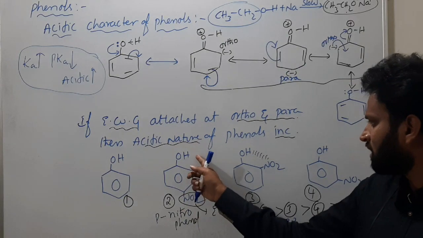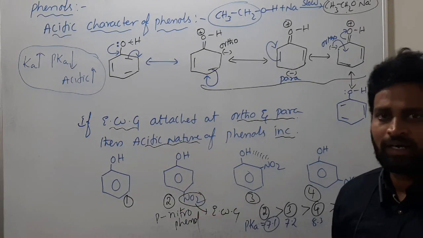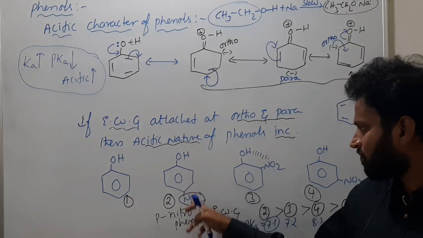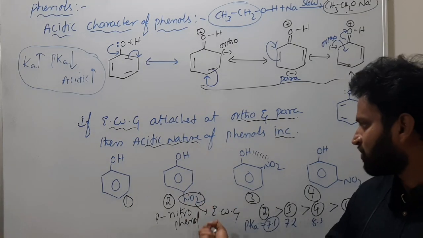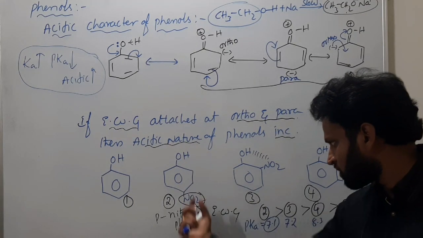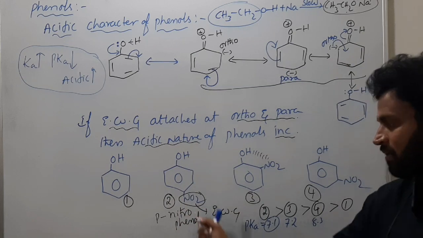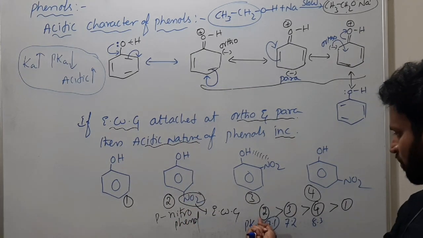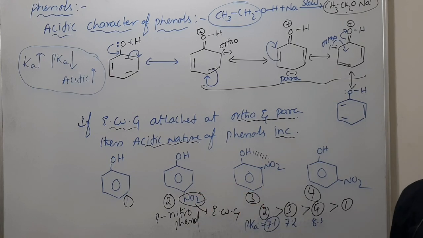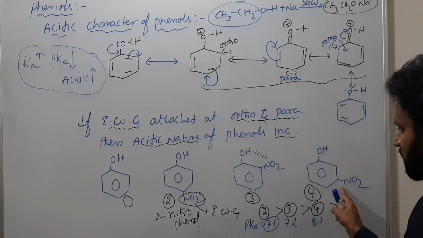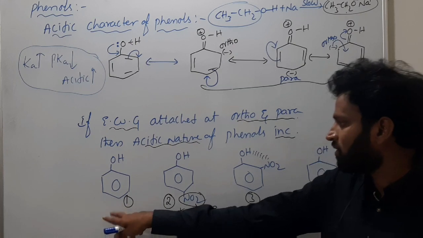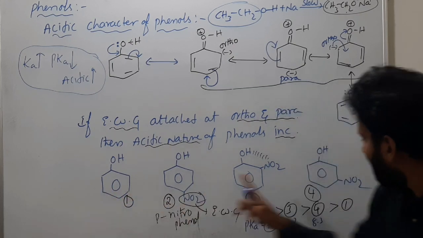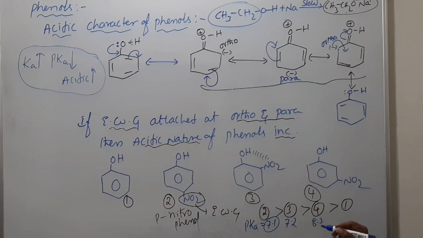Why? Its hydrogen is not involved in any interaction with NO2 because they are far from each other, and NO2 withdraws straight in the opposite manner. So para-nitrophenol is slightly more acidic than this. This is somewhat more acidic than even phenol because the difference between phenol and meta-nitrophenol is the electron withdrawing group. At least NO2 is there.